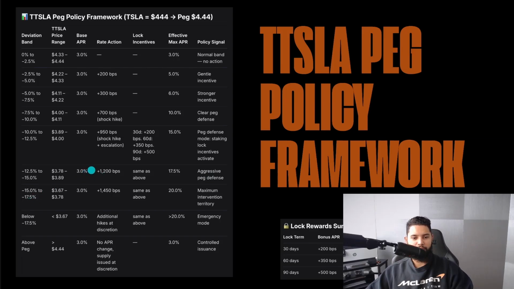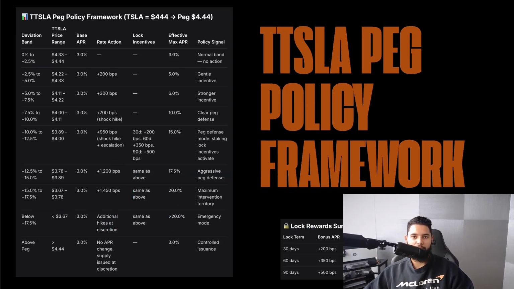And if it continues to deviate, the yield just goes up. So it goes from 17.5 to 20% if tokenized Tesla is trading in the $3.67 range to the $3.78 range. This is considered maximum intervention territory, where essentially the rates are hiked to their maximum.